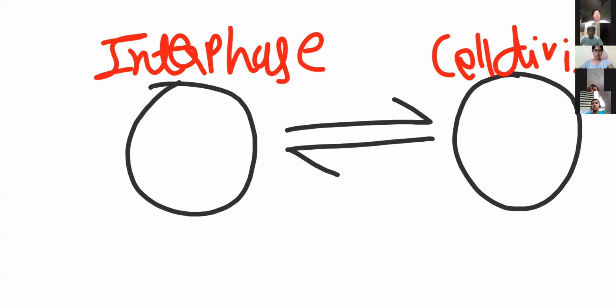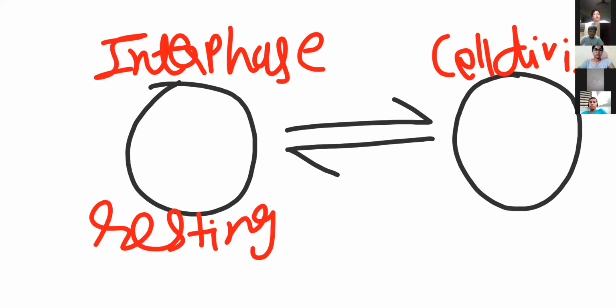So cells are now at which stage? Interphase, resting. And this one we call the active phase.